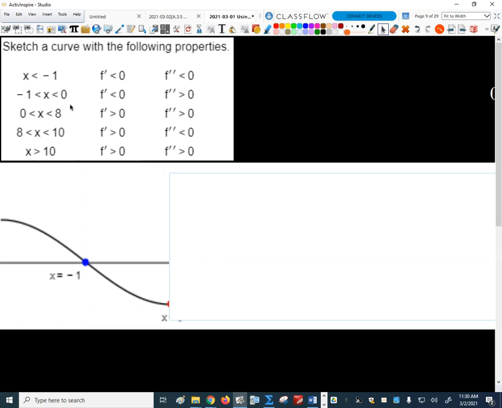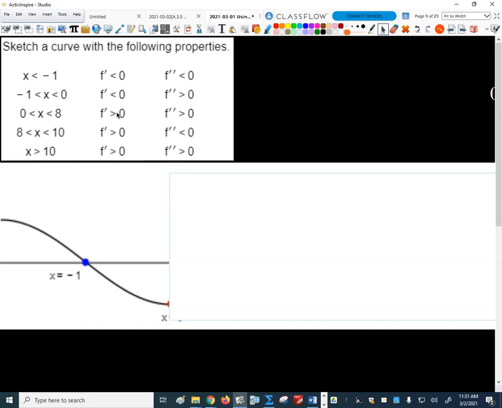This is a place where the concavity is remaining positive, but the function transitions from decreasing to increasing. So what's happening at x equals 0? Okay, good. That has to be a minimum, doesn't it?